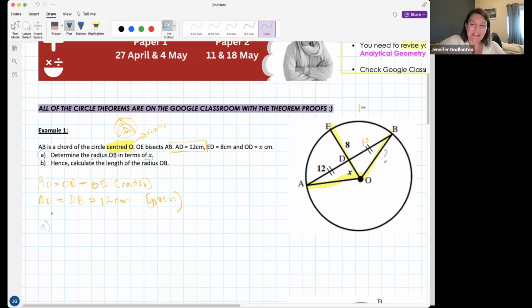My highlighting should help you a little bit. Remember, if you feel embarrassed, send it as a direct message. But what do you think it's going to be equal to in terms of X? Don't be scared to give it a go.